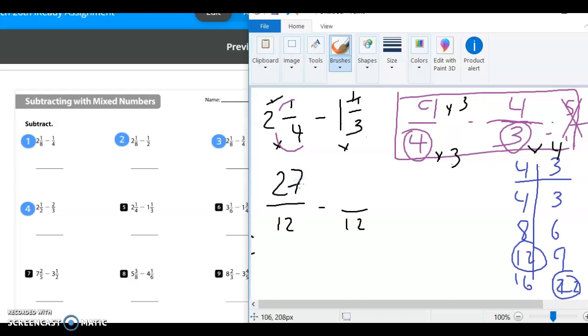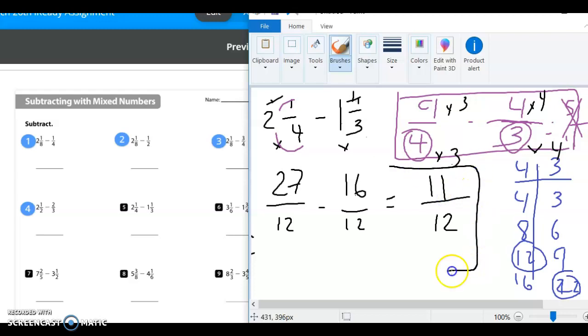I multiplied 3 times 4, so I have to multiply 4 times 4, and I get 16. Can I solve the problem now? Of course I can. So my common denominator does not change. 27 minus 16 is 11, and that is my answer, 11/12.